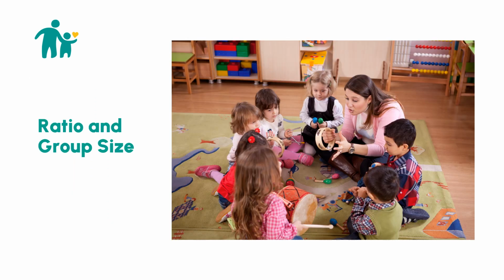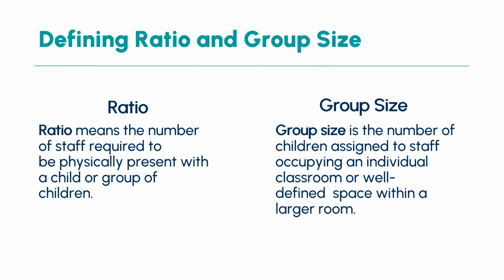First, we will review information on ratio and group size. It will be beneficial to understand the following definitions for this section. Ratio is defined as the number of staff required to be physically present with a child or group of children.